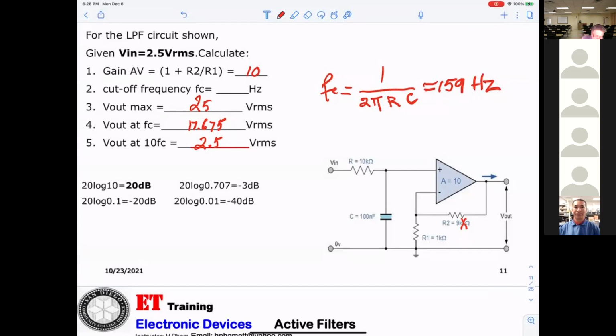So basically at the output, you take the input and multiply by 0.1. 0.1 is equivalent to -20 dB. 2.5 times 0.1, the answer has to be 0.25, not 2.5.